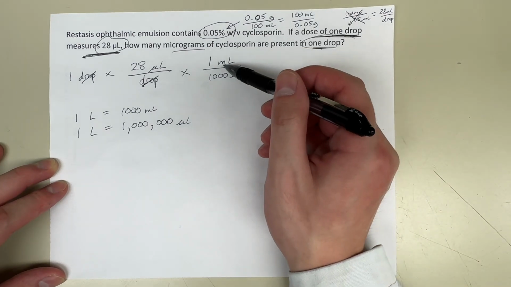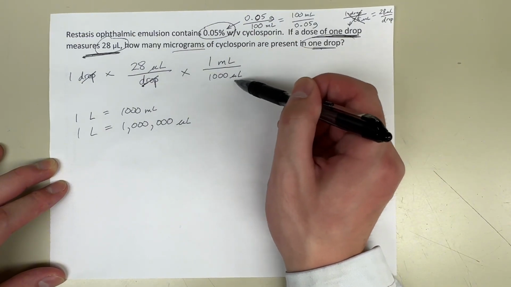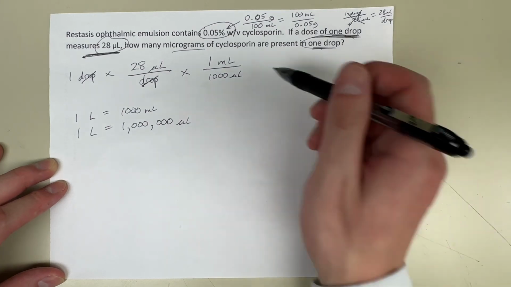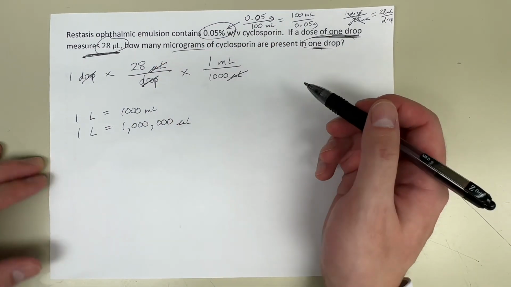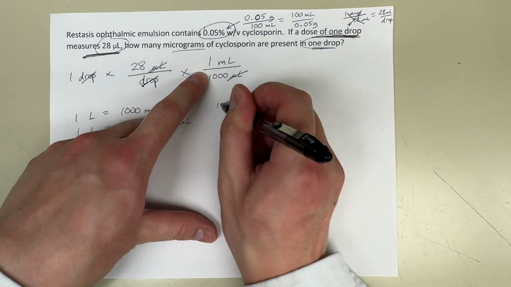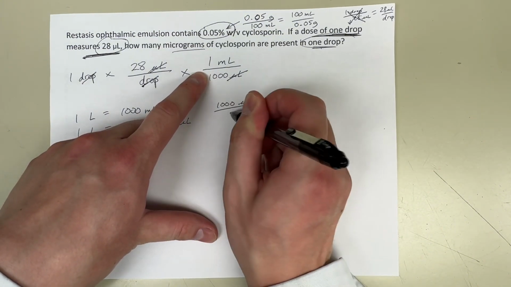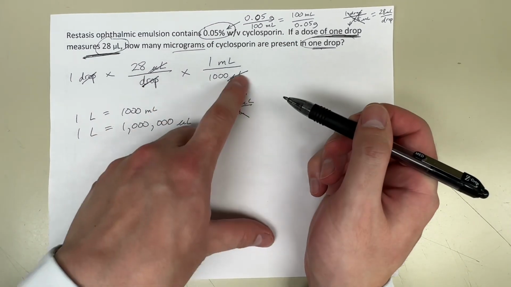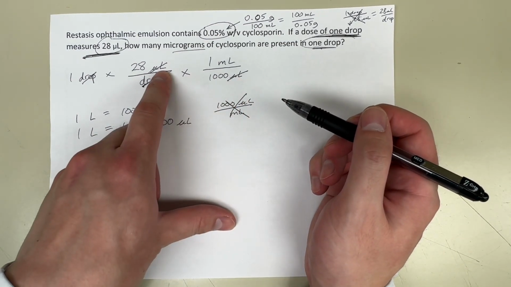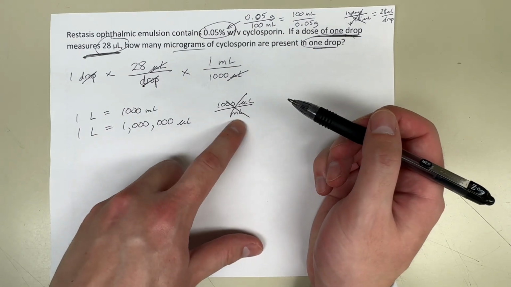So that's why 1 milliliter is equal to 1,000 microliters, because I want microliters here to cancel out microliters here. Realize I could have also written this as 1,000 microliters over 1 milliliter. The reason why I'm not using this is because I want microliters here to cancel out microliters here. But I could have also used this as a conversion factor.